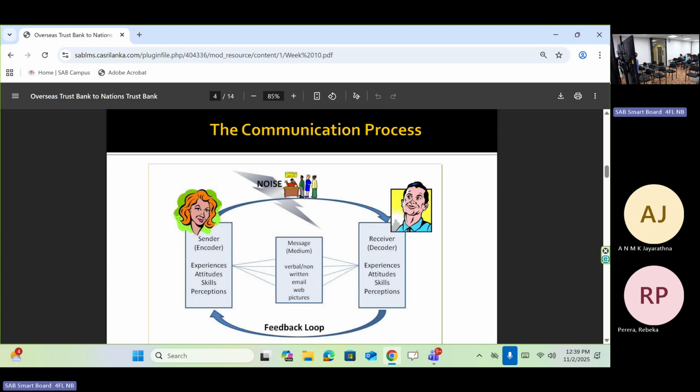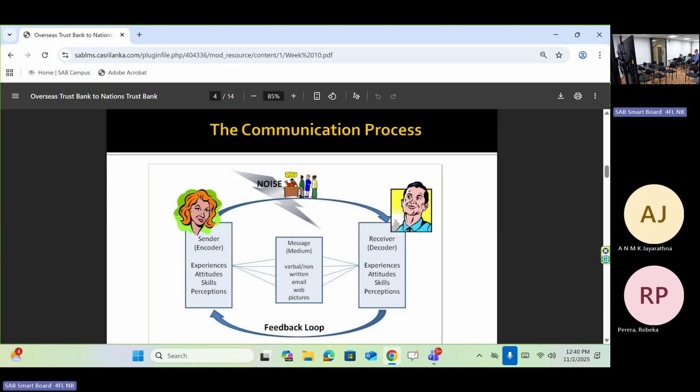But on both sides, there are personal variables intervening. Personal or psychological variables like experiences, attitudes, skills, perceptions, many more things. Education, even gender, other demographic variables can intervene. No? The way the message is encoded as well as decoded, those variables are influencing, affecting.